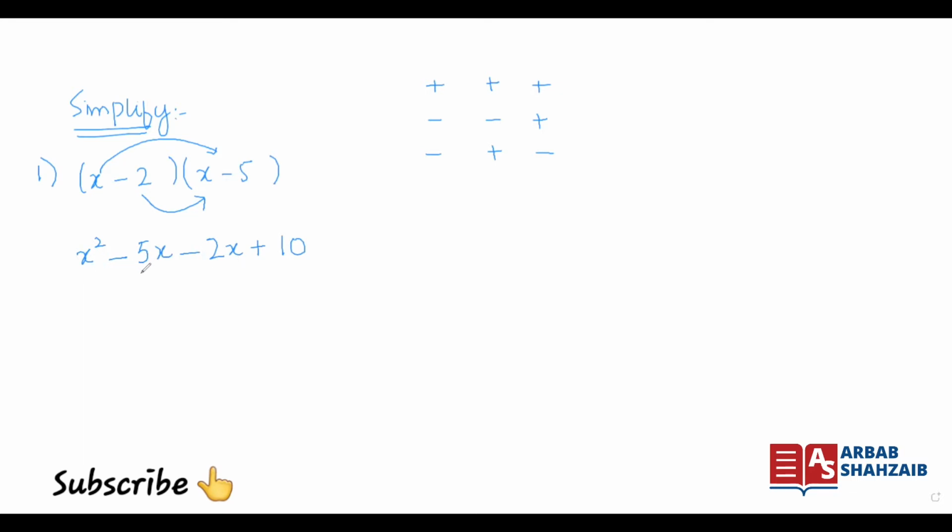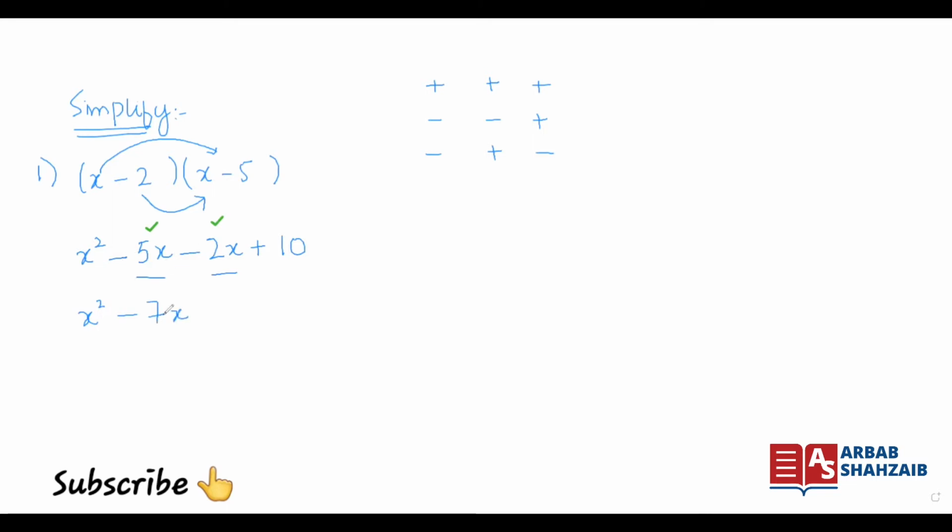Only we can add these two terms because these two terms have the same variables. So x square minus, like before doing anything, very first we need to see the sign of the terms. Minus minus plus. So we will add these two terms. 5 plus 2 is 7, and x will remain the same, so it is 7x.